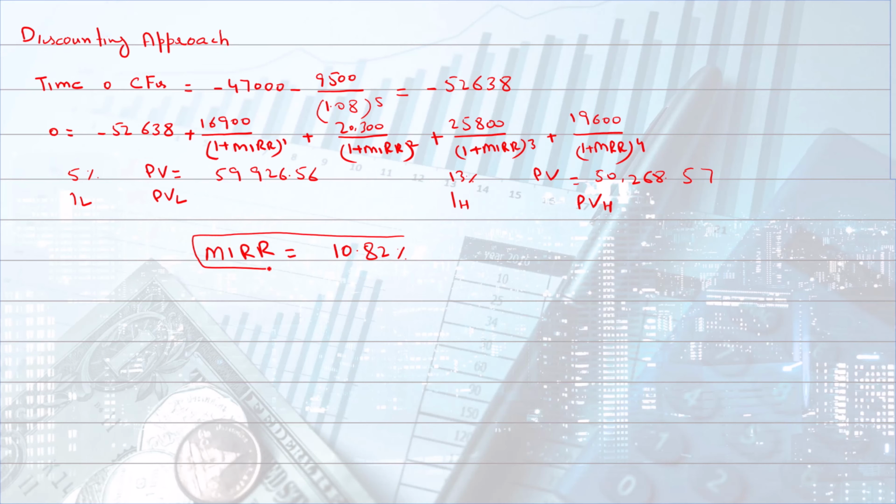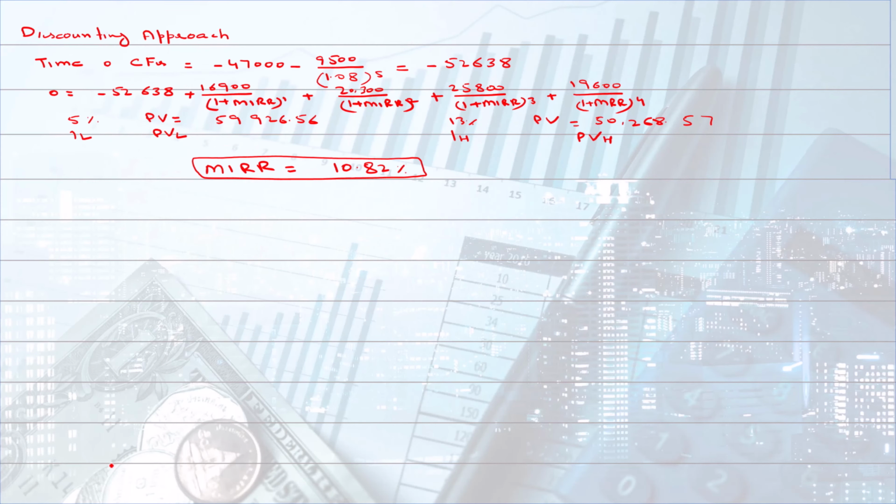So by using the discounting approach, the MIRR of this question is 10.82%.